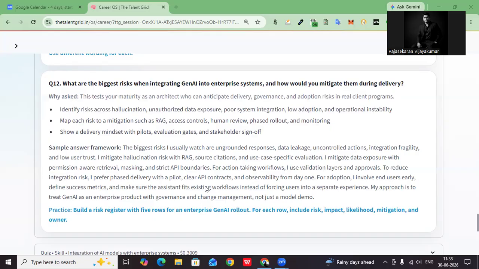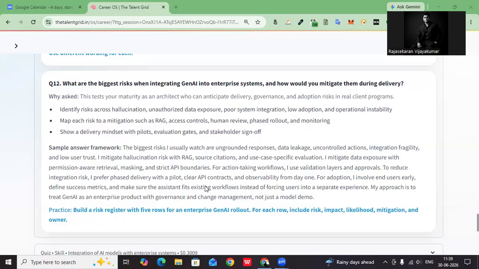One is business risk, data risk, hallucination, model risk, access management risk, and response accuracy, which comes under hallucination risks.